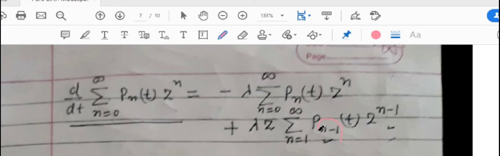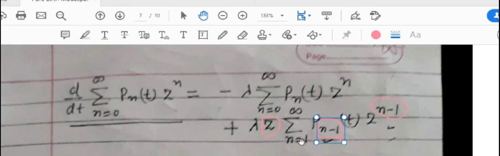This is as usual, only a little modification is taking place here, and I think it has no problem. Now this range is also changing and is going to begin from 1, because this would give you p_{-1}.